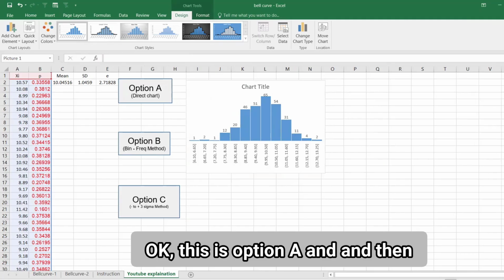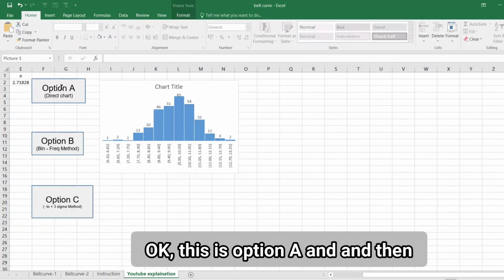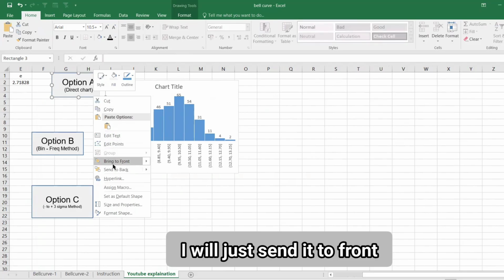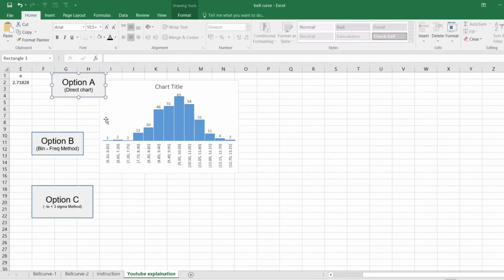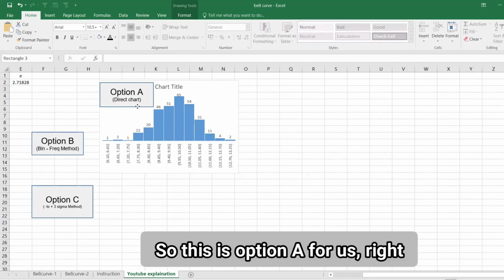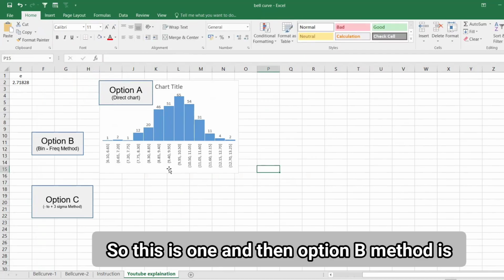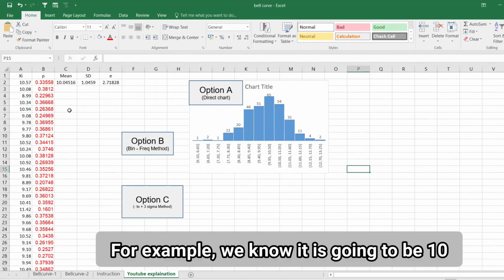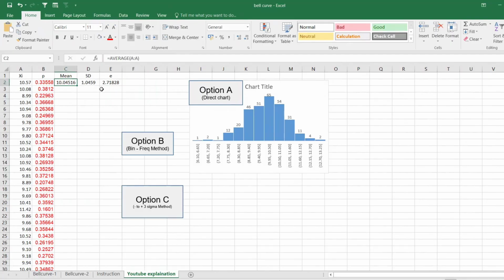Okay, this is option A, and what I will do is send it to front. So this is option A for us, right? And then option B method is where you just give a bin. For example, we know the mean is going to be 10 and the standard deviation is roughly 1, right?